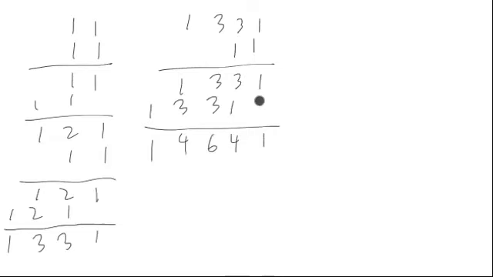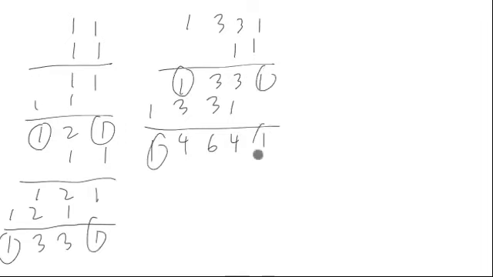Now notice something here. On the ends, in all cases, we have 1s. Also notice this 4 was gotten by adding 1 and 3 together, but this 1 actually came from up here. So it's like adding the 1 and the 3 right here together. This 6 comes from adding this 3 and 3, but this 3 was actually over here.